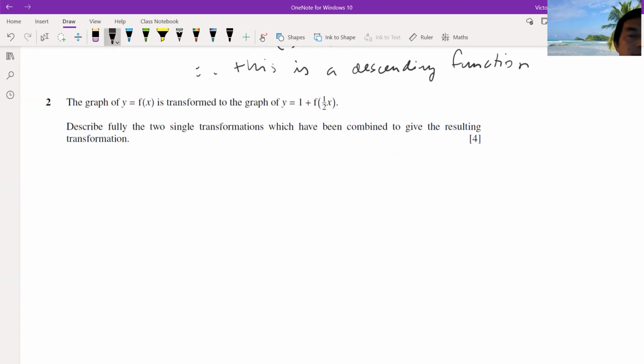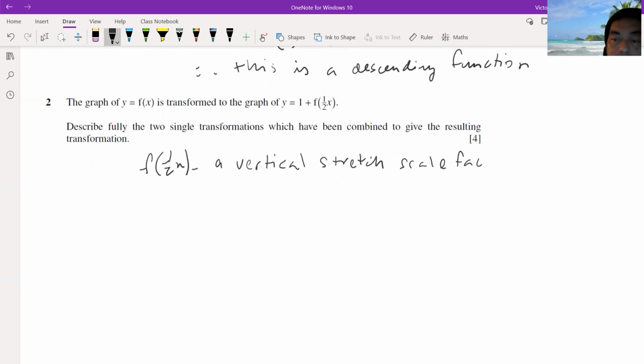So f(half x) is a vertical stretch, scale factor 2, invariant line the x axis. Okay, this is the first transformation.